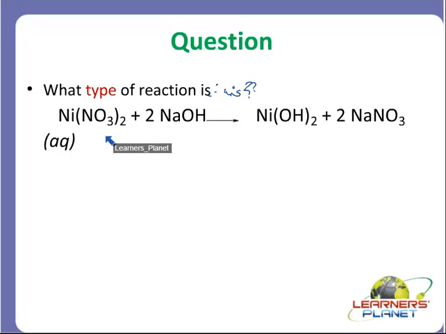Nitrate is replacing hydroxide of sodium and is forming what? Nickel hydroxide. Likewise, hydroxide is replacing nitrate of nickel nitrate and forming sodium nitrate. So what type of reaction would this be? This is a double displacement reaction.